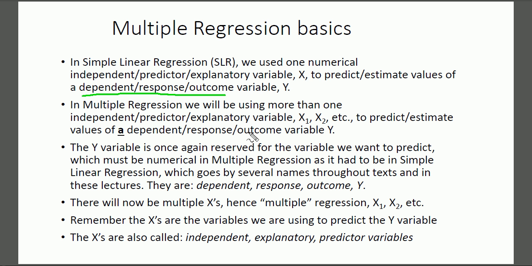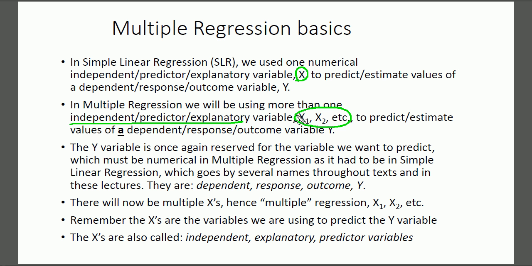That pretty much transfers over directly, except in multiple regression, and you'll see why the word multiple comes up, we'll have multiple independent variables. So we're not only going to have just one x like in simple linear regression, but multiple x's. That could be 2, 3, 4, or k. As long as it's more than one, it is multiple regression.